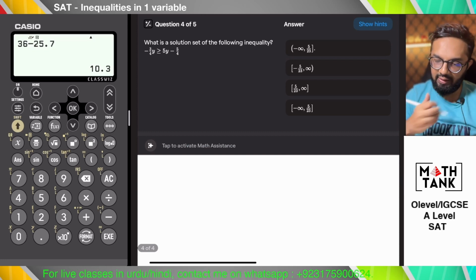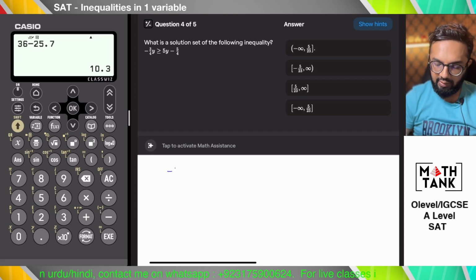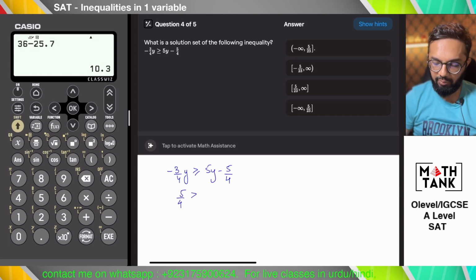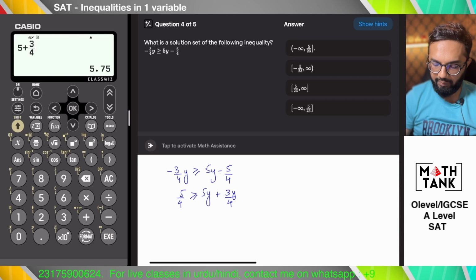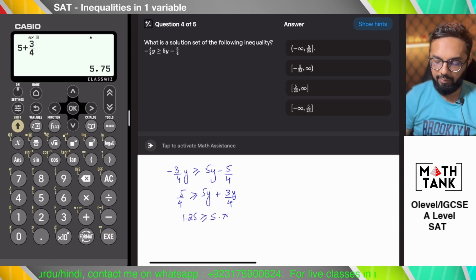Okay, which of the following is a set of inequalities for this? So minus 3 over 4 y is greater than or equal to 5y minus 5 over 4. So I'm going to move things around and say that 5 over 4 can be moved here and 3y over 4 can be moved there. I don't need to take an LCM. I can use my calculator to calculate 5 plus 3 over 4, which gives me 5.75. This is 1.25 and 5.75y.